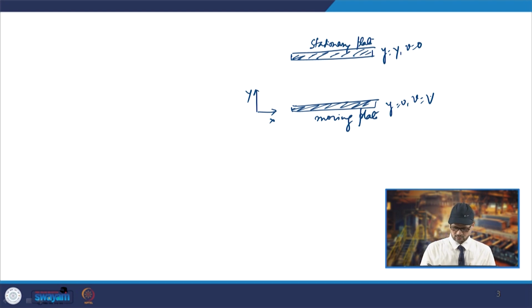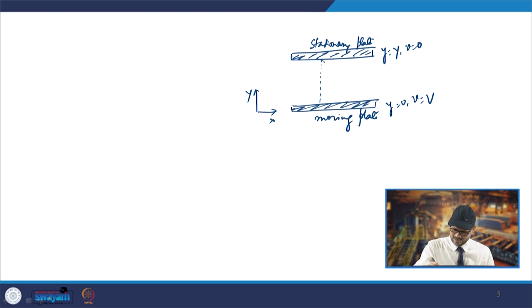If you assume that there is no slip in this case, the layer of fluid in contact with this moving plate will also start moving with velocity v. This other plate is stationary.